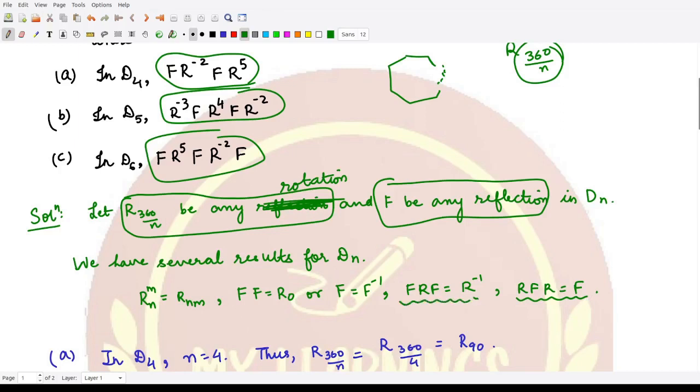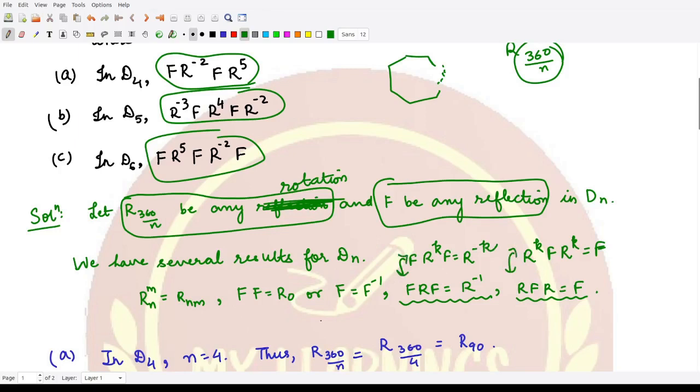F R F is equal to R inverse. From where do we obtain these results? Remember, we have studied these results in the previous video, where we proved them for any dihedral group. So we are using these results here.